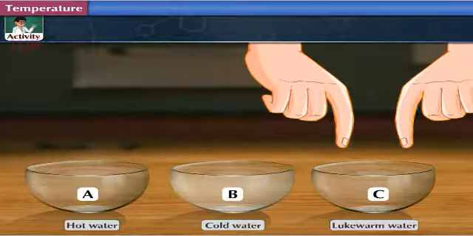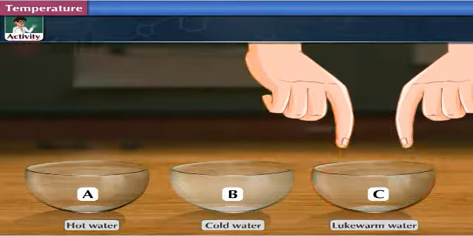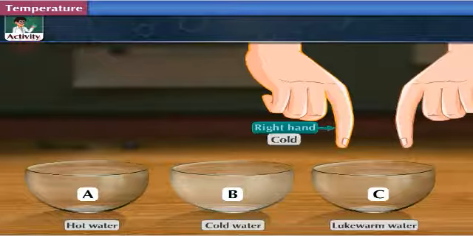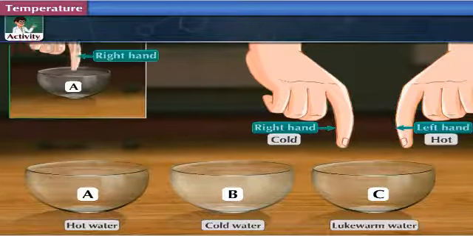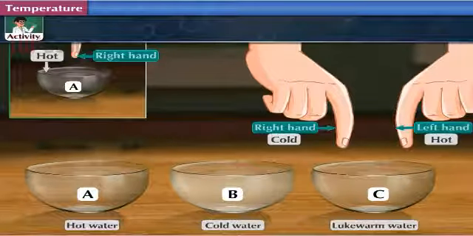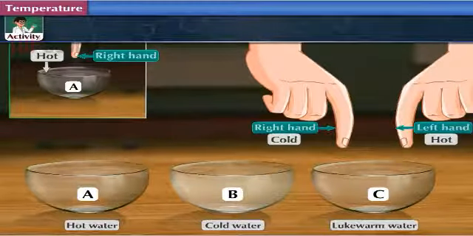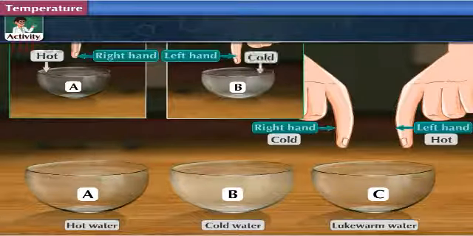Yes, even though both the hands are dipped in water in the ball C, that is water at the same temperature, the right hand finds the water to be cold, while the left hand finds it to be hot. This is because the right hand, which was immersed in hot water for some time, finds the lukewarm water cold, whereas the same lukewarm water feels hot for the left hand, which was immersed in cold water.